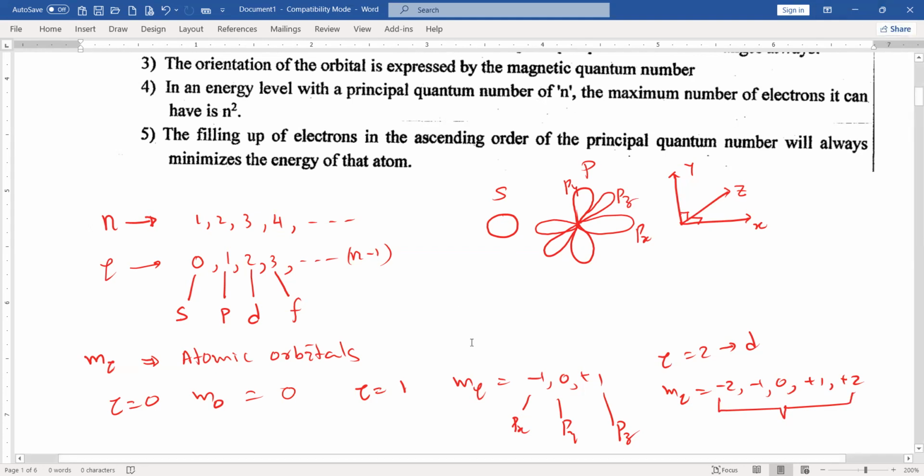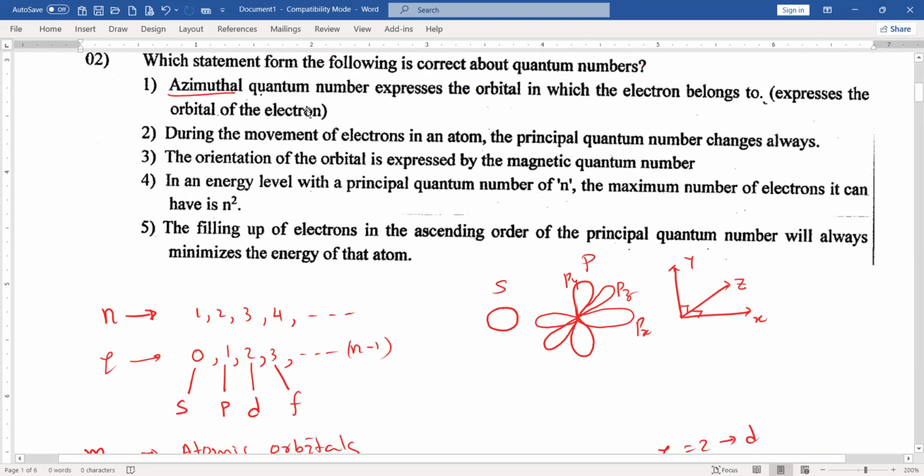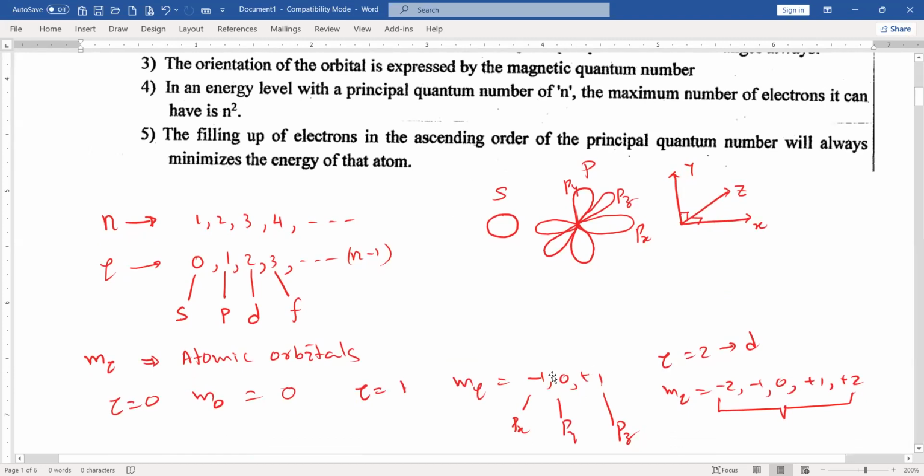Okay, so our question now says the azimuthal quantum number expresses the orbital in which the electron belongs to. Azimuthal quantum number gives a sub-energy level, not the orbital. Orbital is given by the ML. See here, orbitals are given by ML.